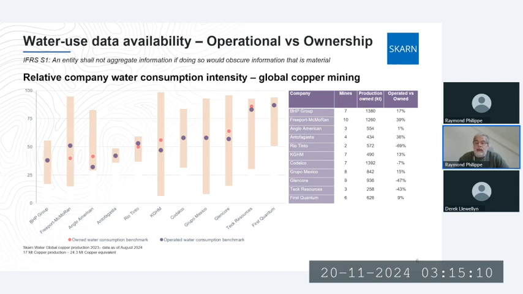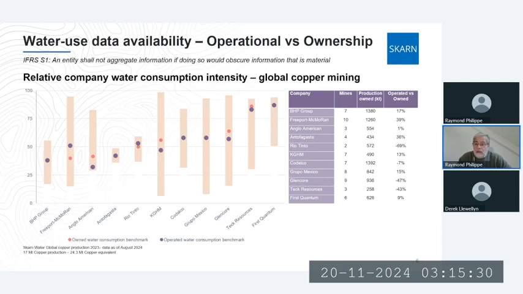Interesting, for example, that Rio Tinto owns 69% more copper production than what it reports on from a water use perspective. And that specifically relates to the Escondida mine, where they have a big chunk of, but are a minority shareholder.